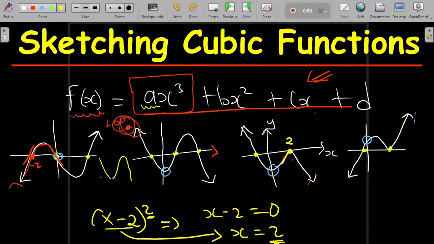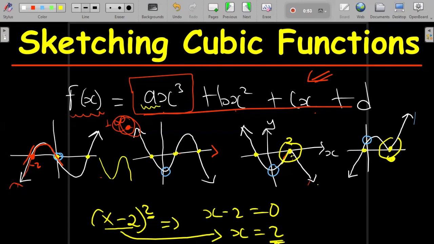It's going to bounce and then go back in the opposite direction like that. It's the same thing that will happen there and there. It means these x-intercepts here came from a factor that had a 2 on it, or an even number.